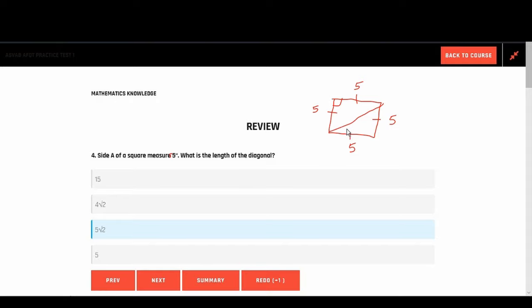And if we take a look, when I cut the square in half diagonally, I form 2 right triangles. And I can use either of those 2 right triangles in the Pythagorean Theorem to find the length of the diagonal. So I'm going to go ahead and pull this triangle out right here. It's going to look like this.